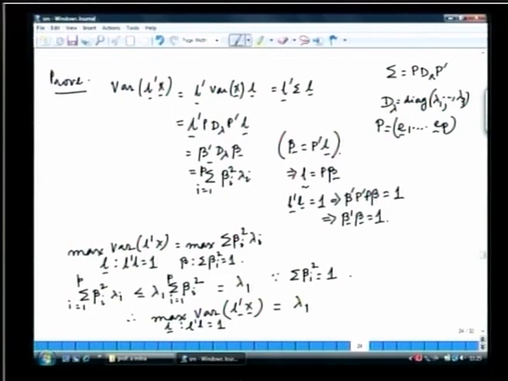So, it has been shown that the maximum of variance of L prime x under the condition L prime L equal to 1 is equal to lambda 1.